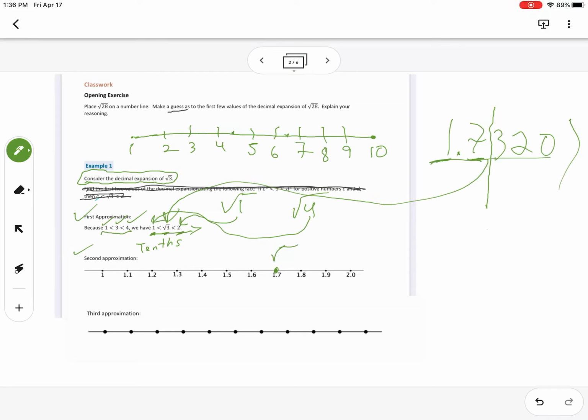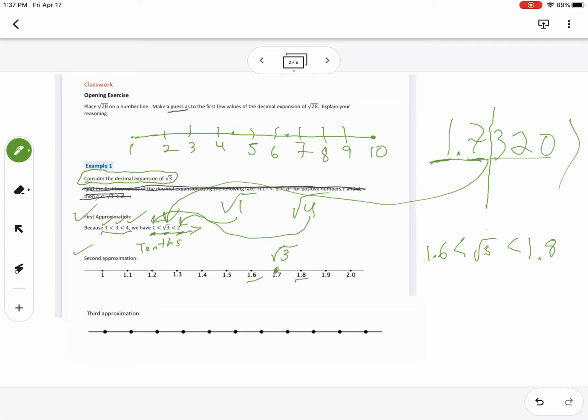And if I wanted to write it as a number sentence, I could say 1.6 is less than the square root of 3, but the square root of 3 is less than 1.8. And I'm getting that from here and here.